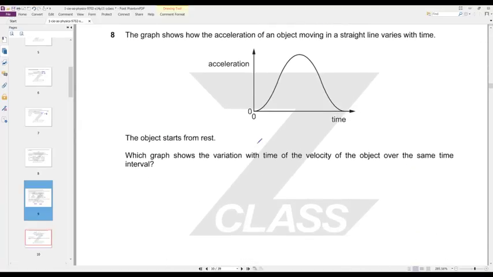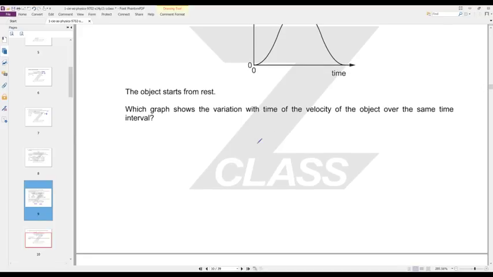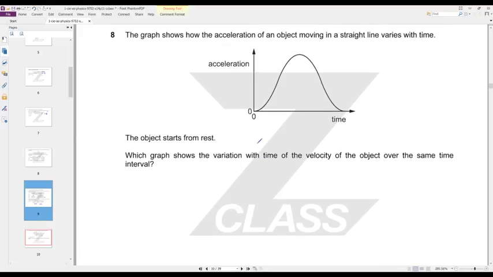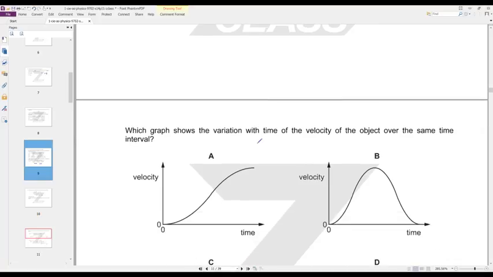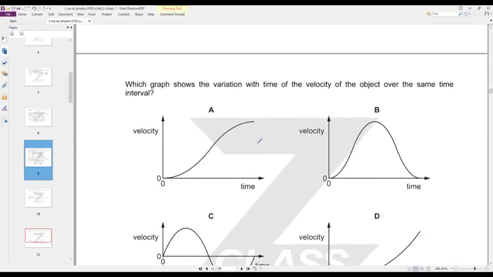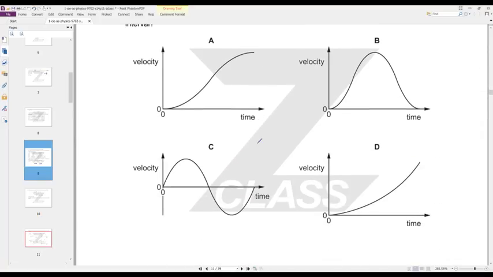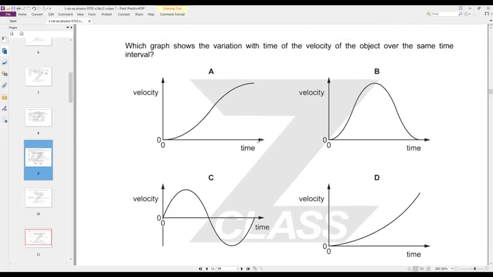Okay, we have the acceleration of an object moving in a straight line. Which graph shows the variation with time of the velocity of the object over the same time interval? Okay, so they've written the same thing on 2 pages. That's slightly confusing, but there we go.